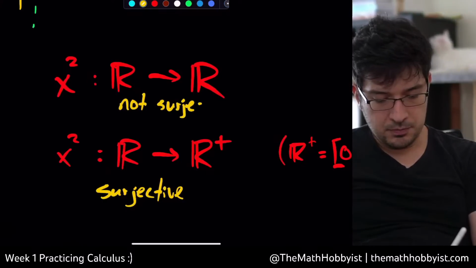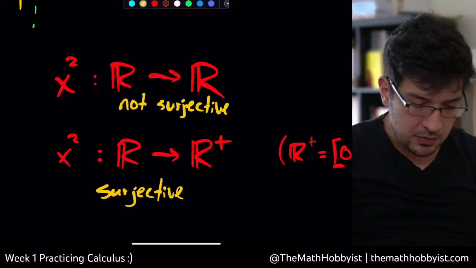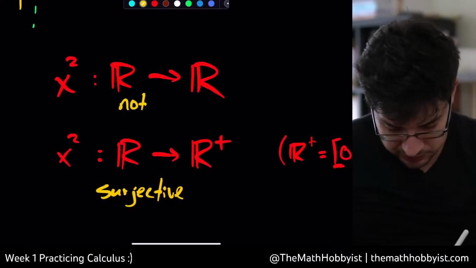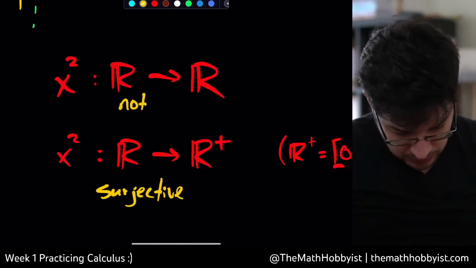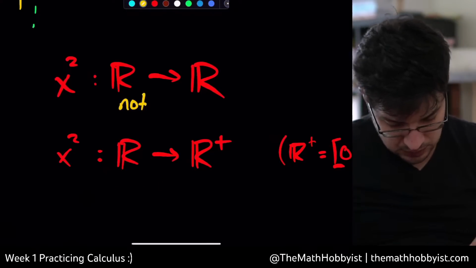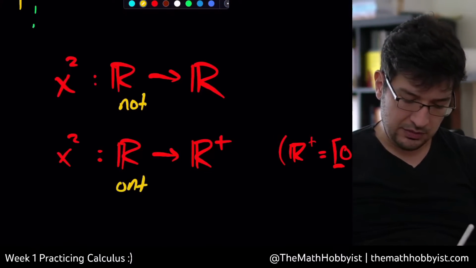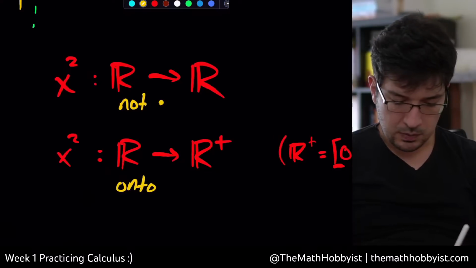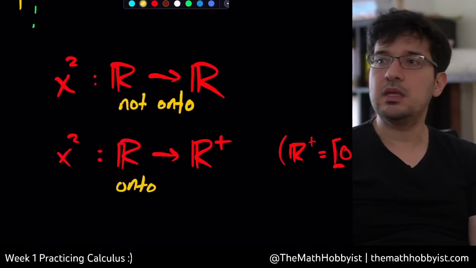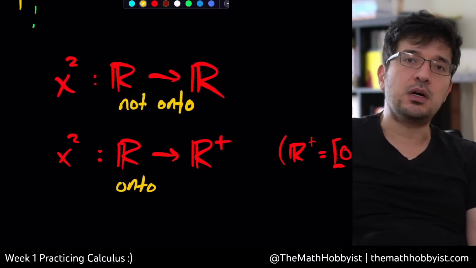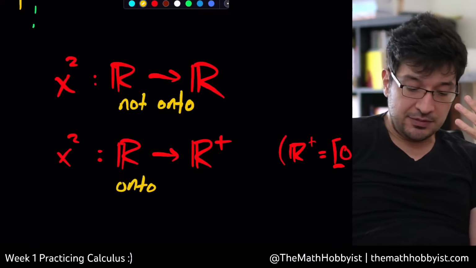I'm going to stop writing out surjective because that's a scary word. And I'm going to start using the other term that I think is easier for me to remember. Onto is another synonym for surjective or surjectivity.